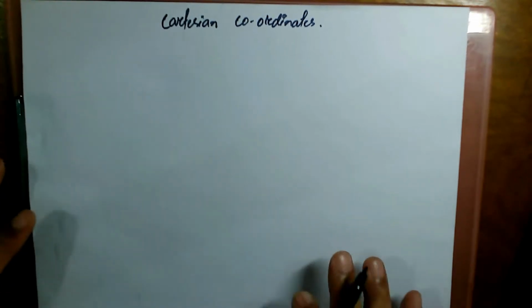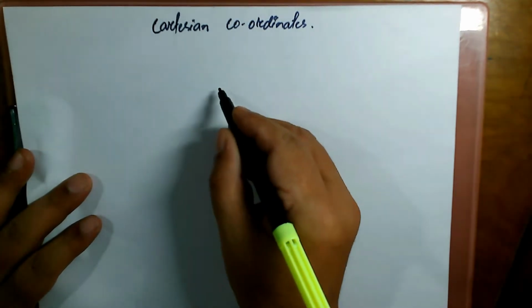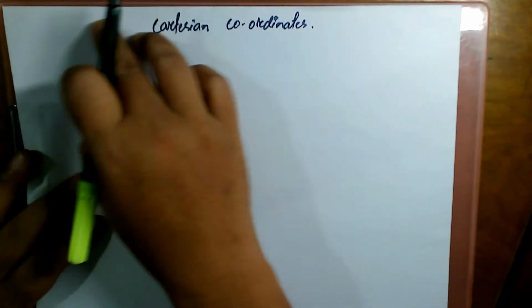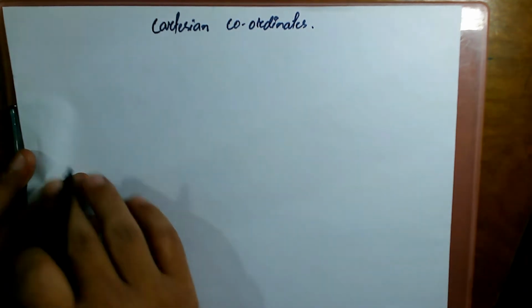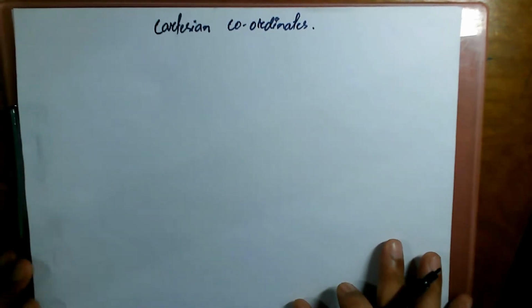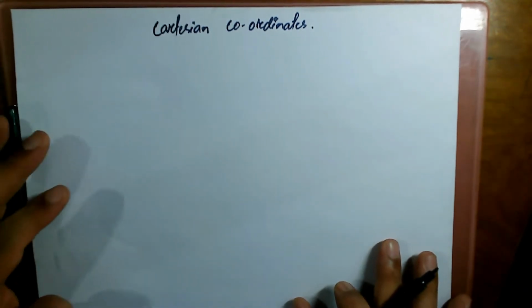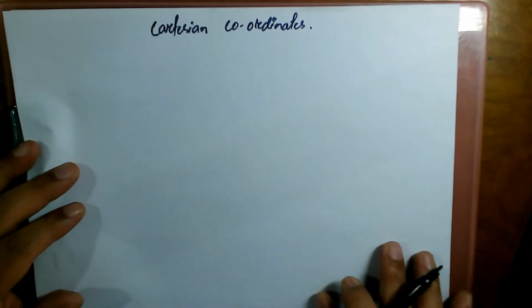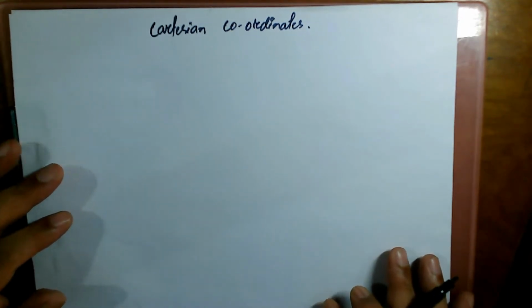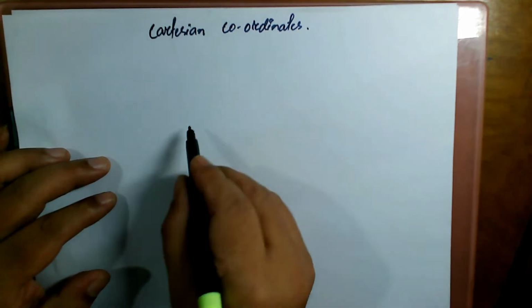So in a rectangular Cartesian coordinate system, let's say this is a rectangle shape. The paper is rectangle shaped. To fix the position of a point in a plane, let's take two fixed perpendicular lines.